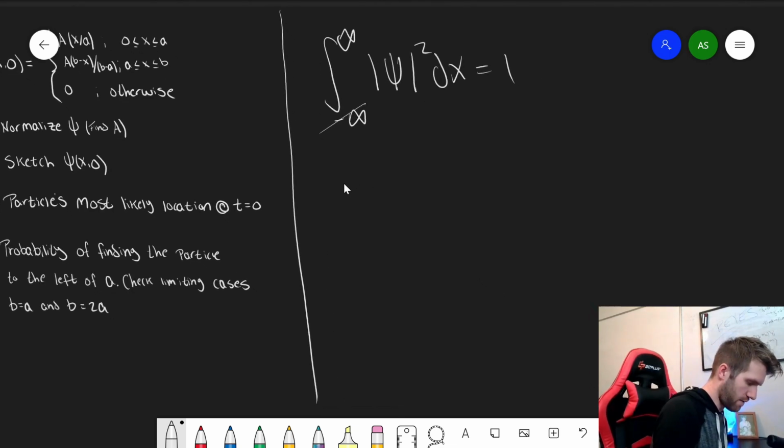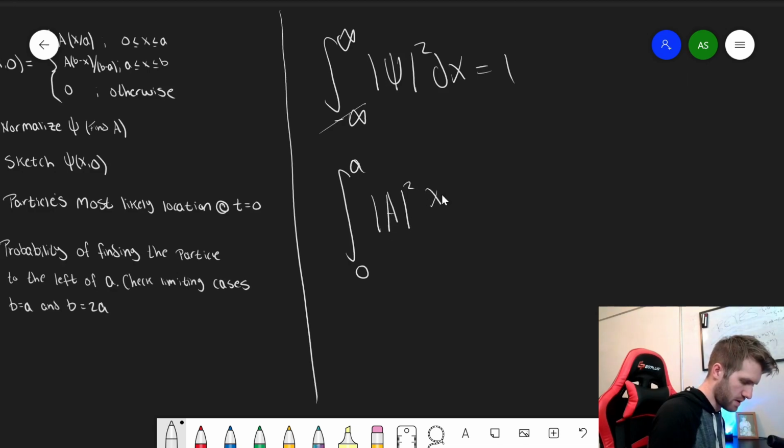So we're going to have some integral from 0 to a, where we have A squared times x squared over a squared with respect to x. And we're going to add that to this term right here.